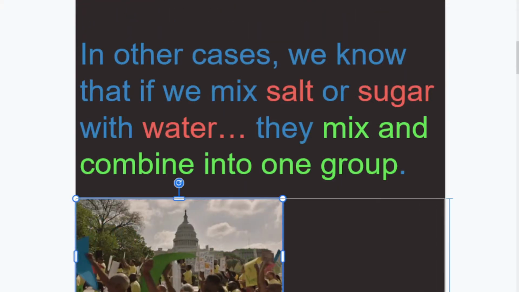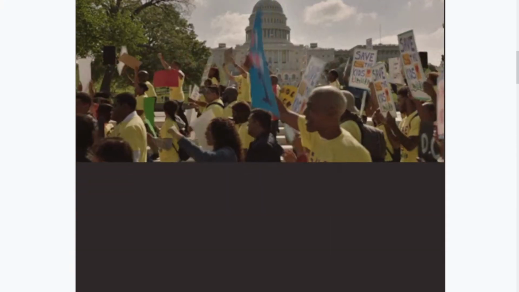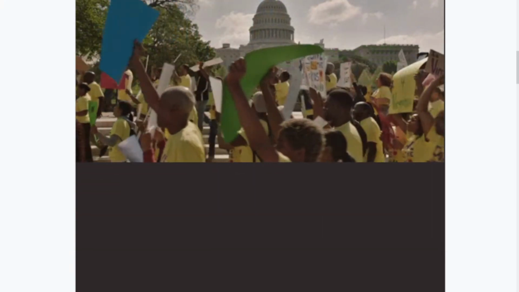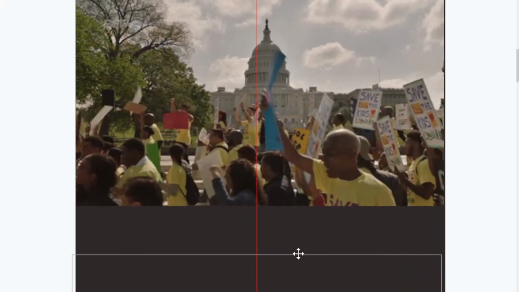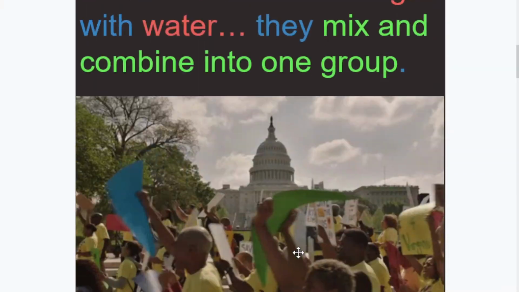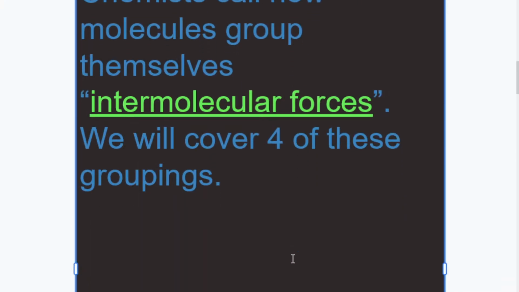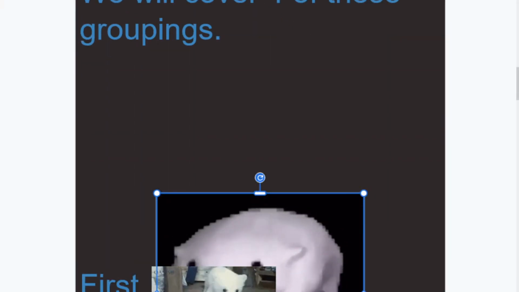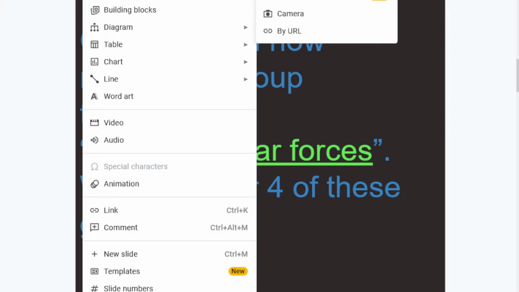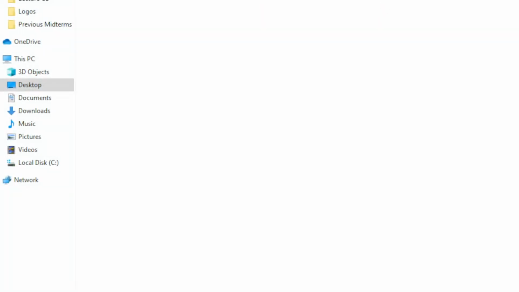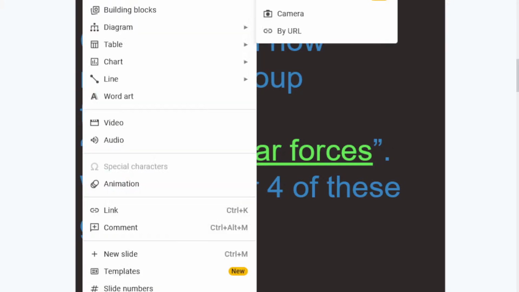And make this a little bit bigger. We want an image.